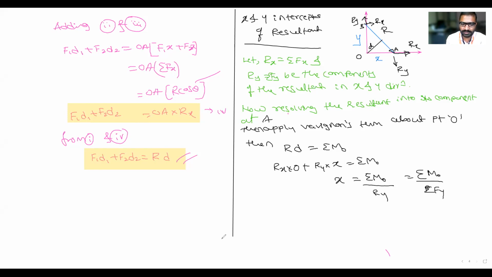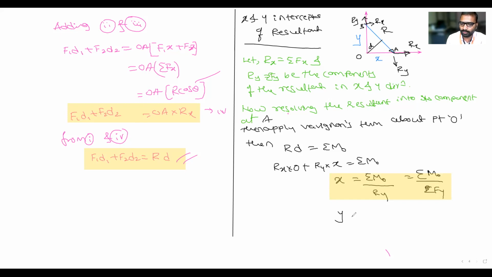Whenever he asks for the moment about the x intercept and y intercept, you just have to derive this. The x intercept is equal to summation of moment about O divided by summation of fy. Similarly, what is the y intercept? Take moments about this point: R into d is equal to Ry into 0 plus Rx into y.